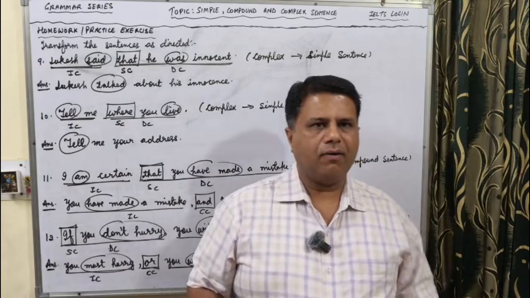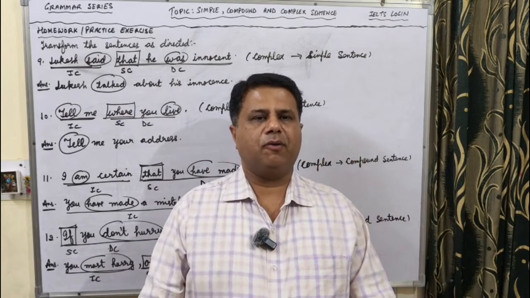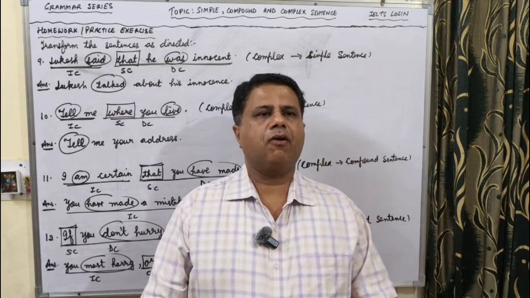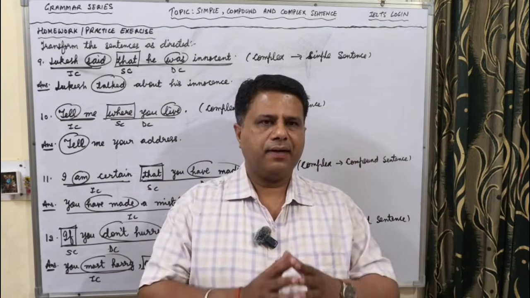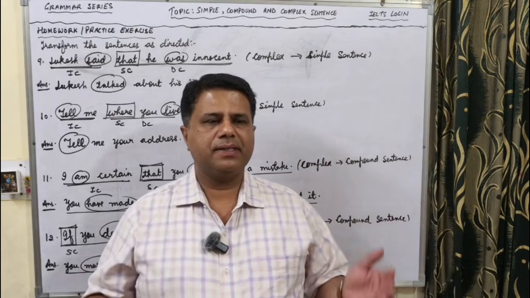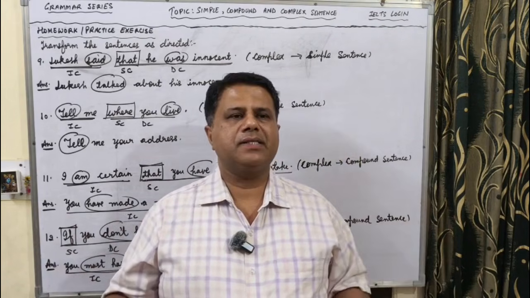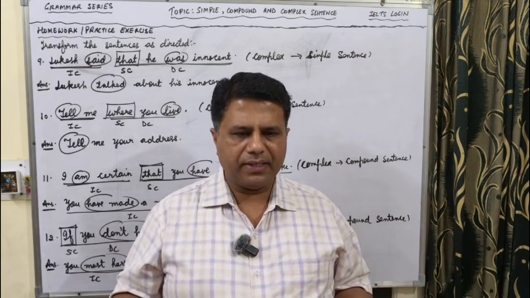So I hope you have got all the correct answers, and with this we finish the topic of simple, compound and complex sentence. We have done simple sentence with 8 examples, compound sentence with 8 examples, complex sentence with 8 examples, compound-complex sentence with 8 examples, total 32 examples.